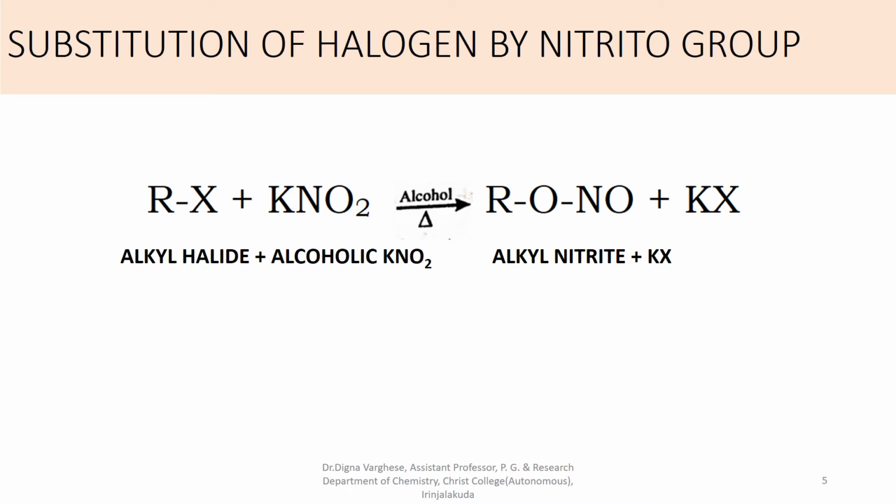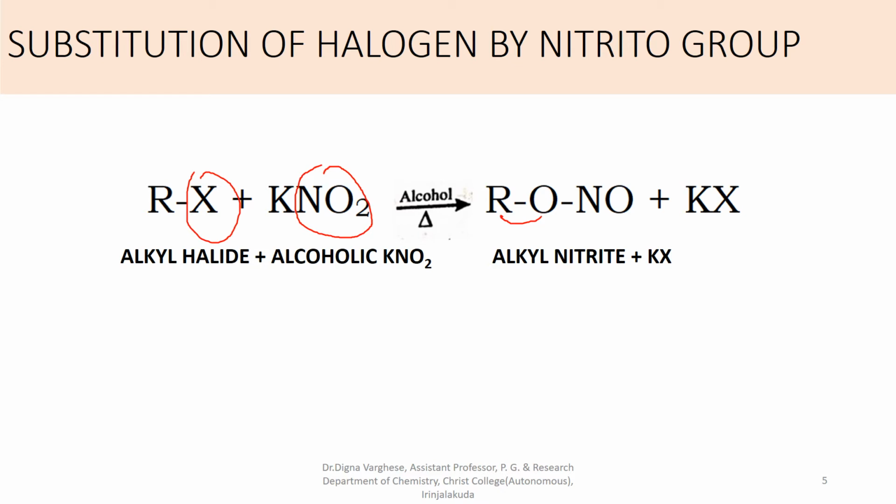Here you can see the alkyl halide reacts with potassium nitrite in alcoholic medium. The halide group is substituted by nitrite group. That is, here the oxygen atom is attached to the carbon part. So it is nitrite.